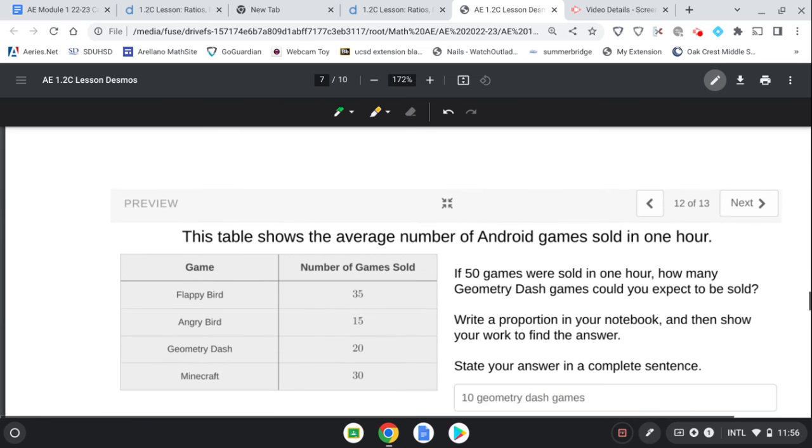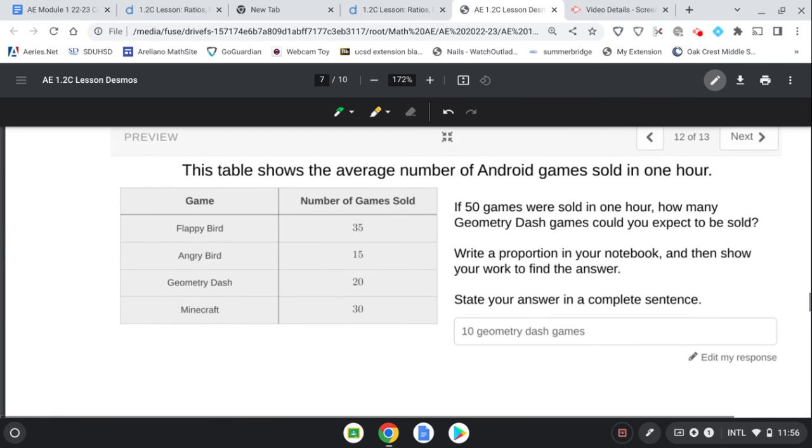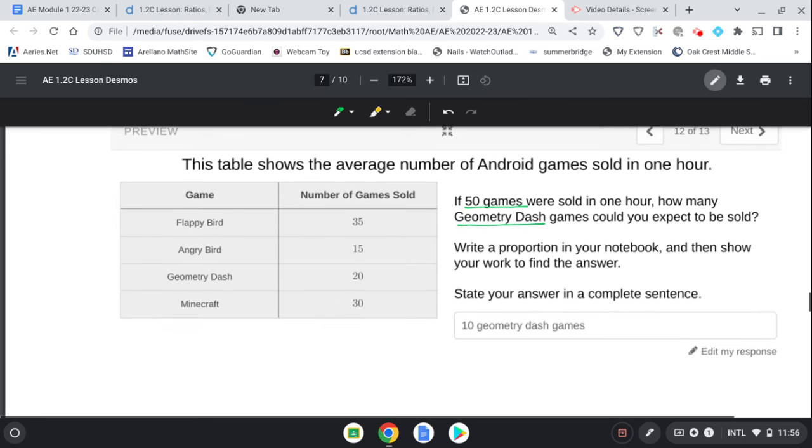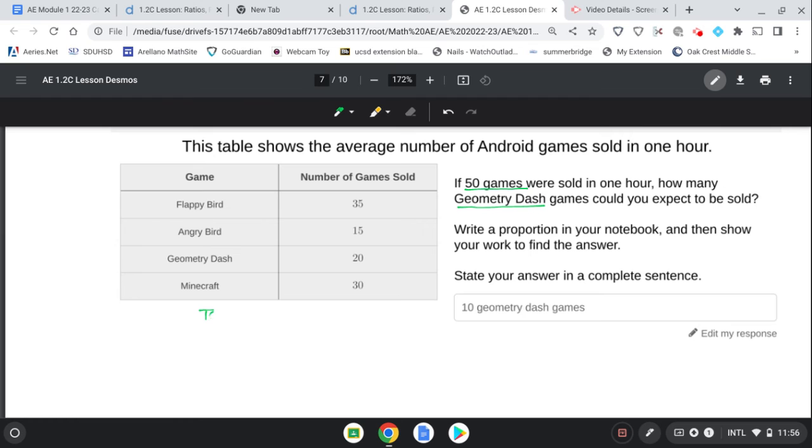Okay, in slide 12, what if we sold 50 games? How many of those would be Geometry Dash? So in the table, remember that there's a total of 100 games. Of those 100, there's 20 Geometry Dash.